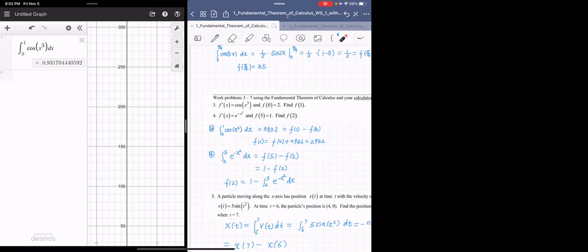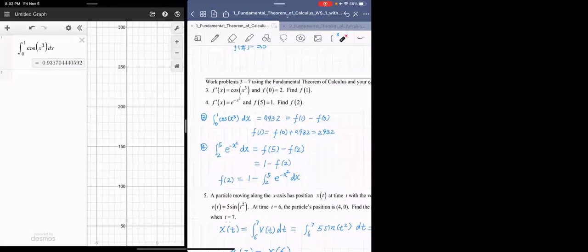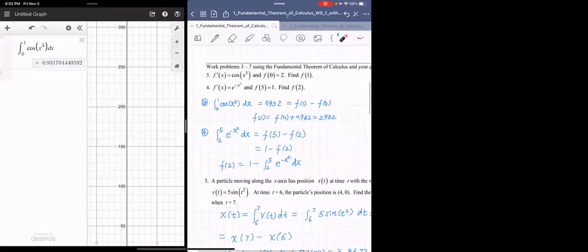Olivia, let's see the next one. Okay, for this one, we were given f prime x is this, f of 5 is 1, and f of 2 you don't know. So you write down this from 5 to 2, and f of 5 you already know, you want to get f of 2, so you want to get this integral first, right?